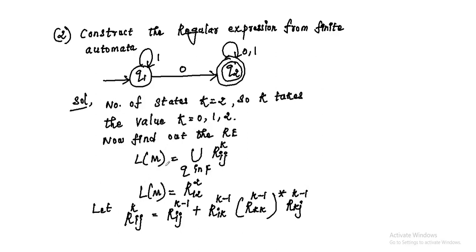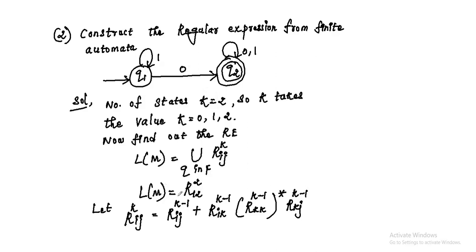L of m equal to union base q in f rij raised to the power k. So here q in f means there are two states q1 and q2, so 1 2. So base value 1 2. Two states means here k value would be 2 raised to the power 2.